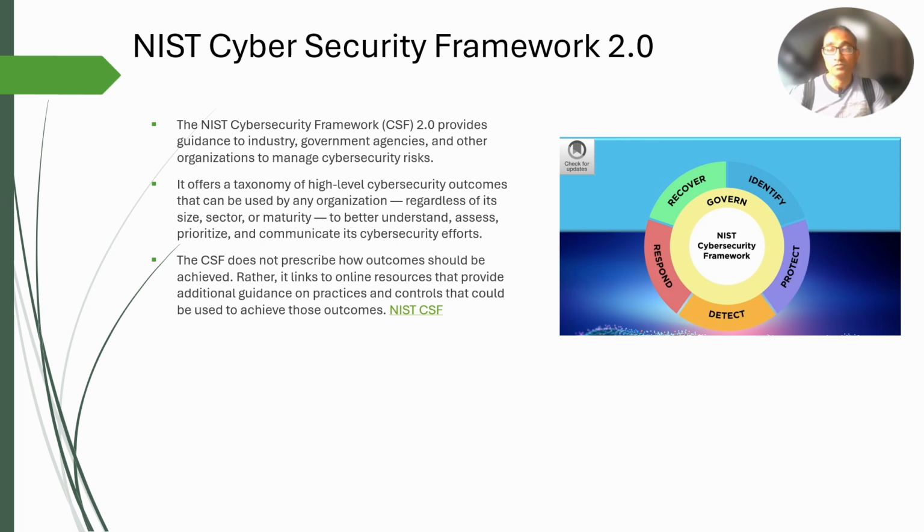This high-level taxonomy should help organizations to better understand, assess, prioritize, and communicate their cybersecurity effort. You can find more details about the framework by simply typing NIST Cybersecurity Framework 2.0 and you will be taken to the page with the PDF version where you can find more details about it.